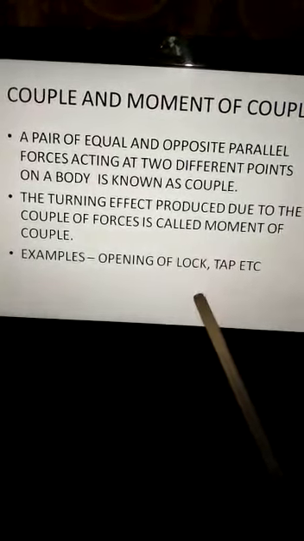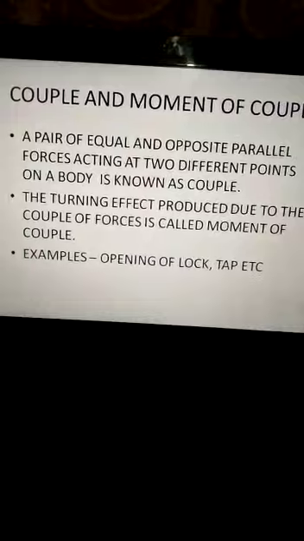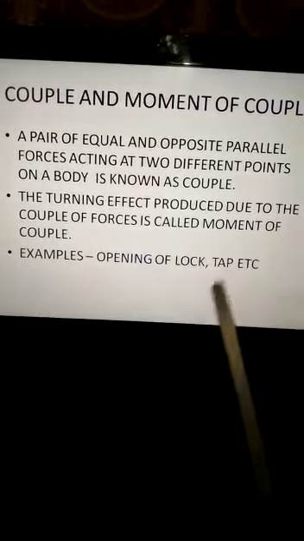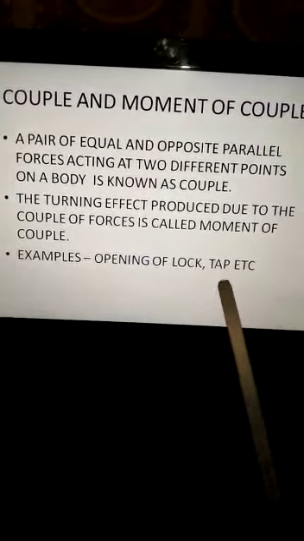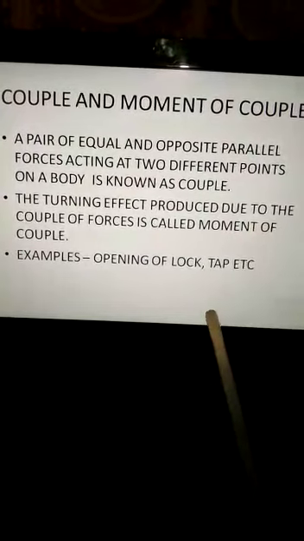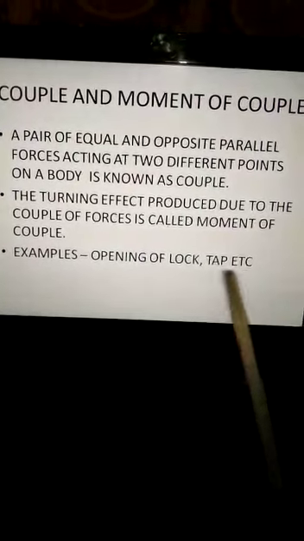The key moves and the lock will open. So the couple of forces gives the turning effect, that is known as moment of couple.